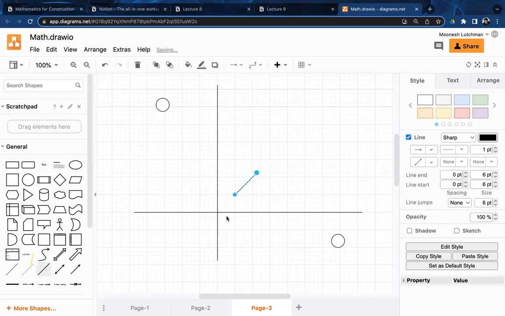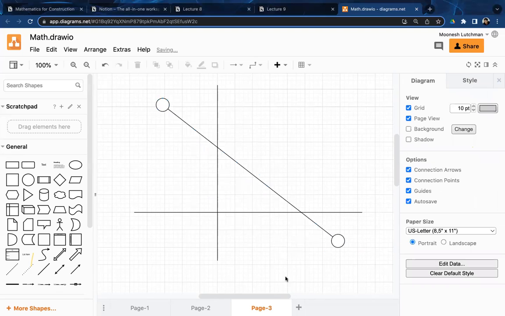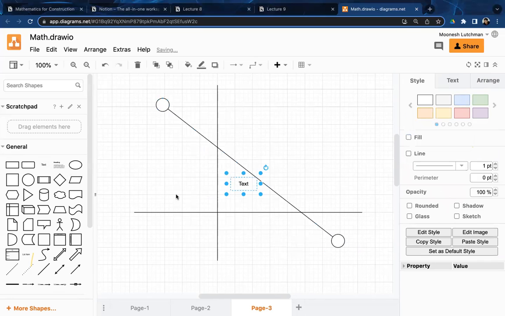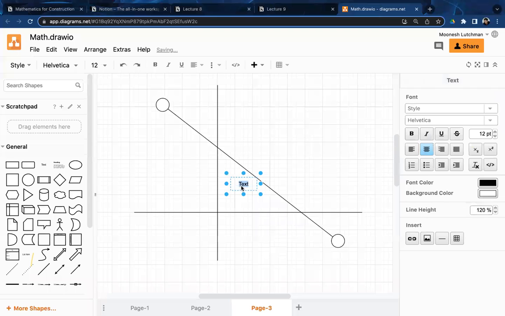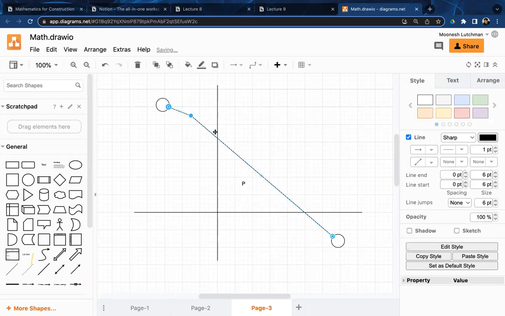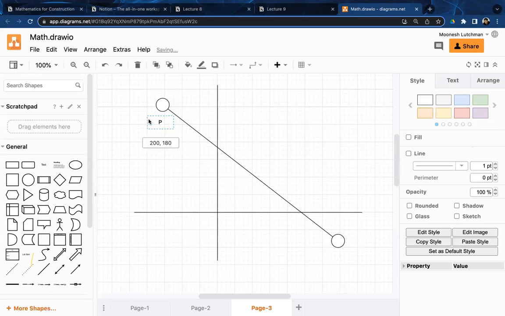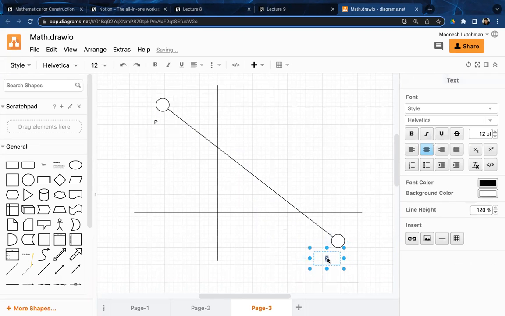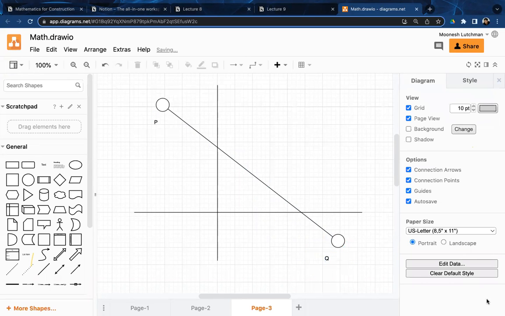So then the line PQ is obviously a negative line, right? This is P. This is Q. So that's PQ.